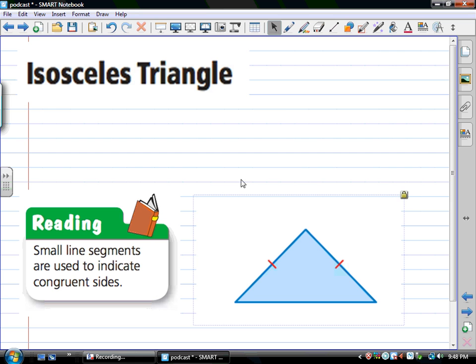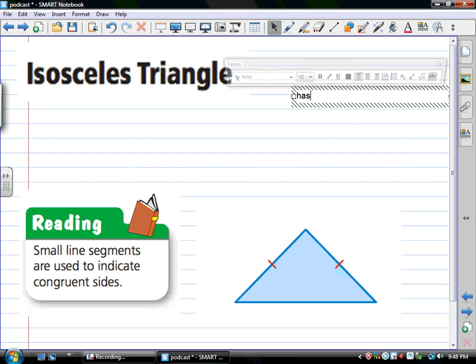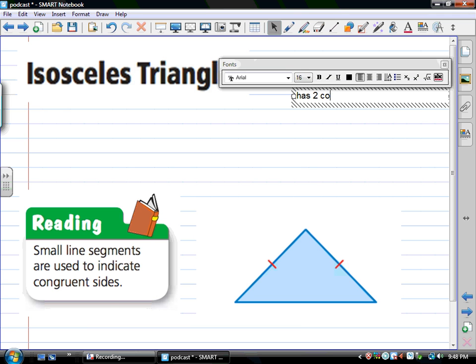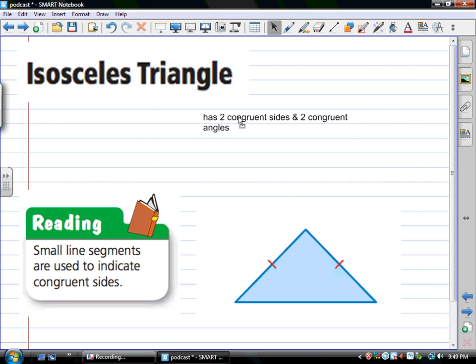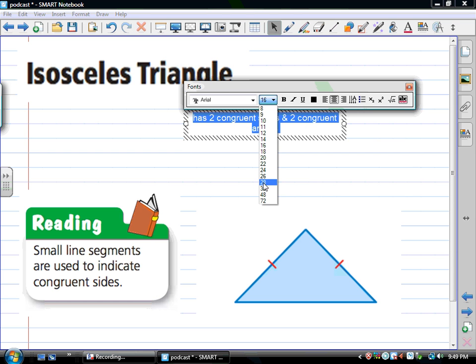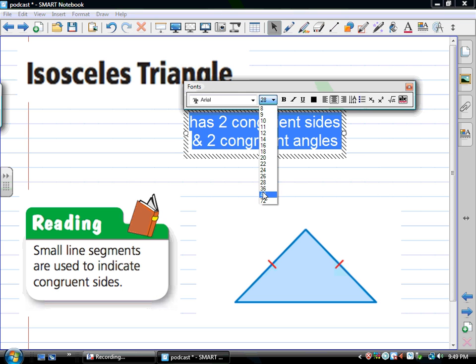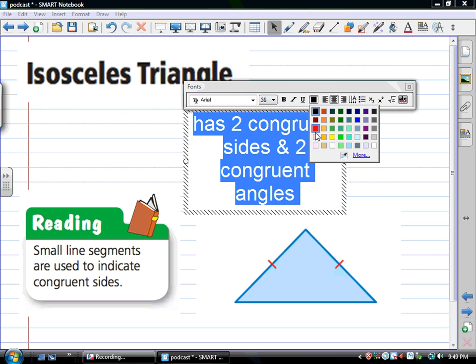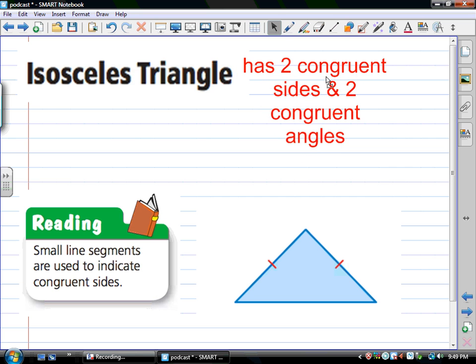By definition, an isosceles triangle has two congruent sides and two congruent angles.